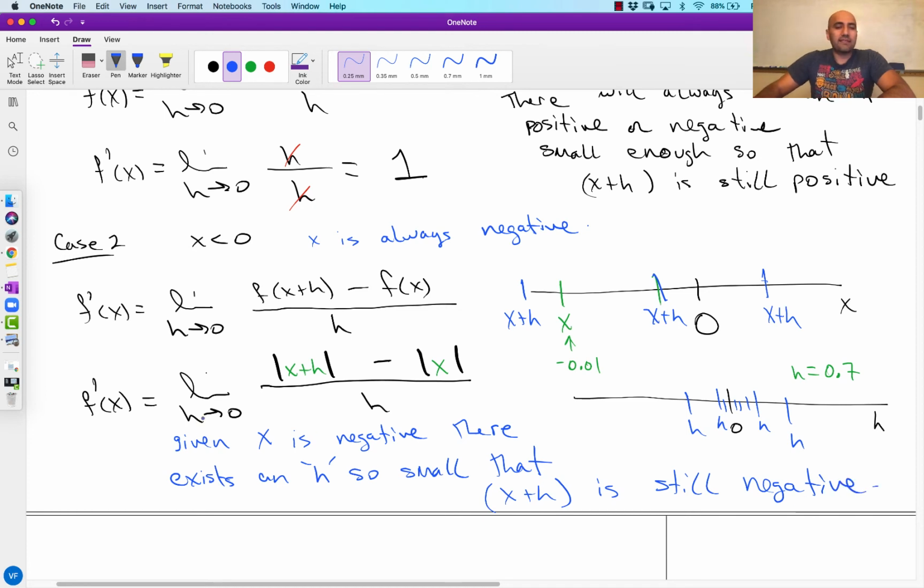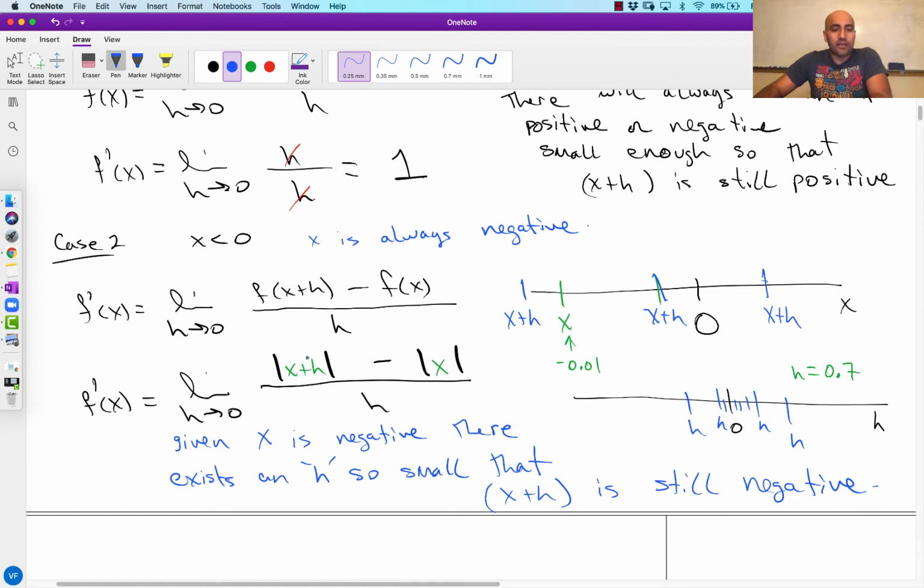Right? So the limit as h goes to 0, eventually, at some point, as I'm approaching 0, there's going to be a value so small that beyond that point, not just at that point, but beyond that point, x plus h is always negative. Okay?